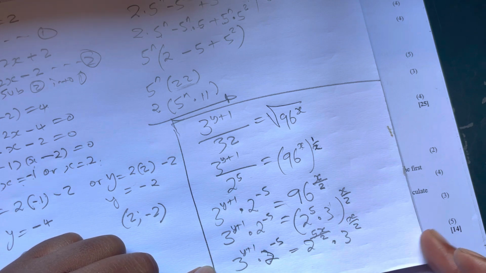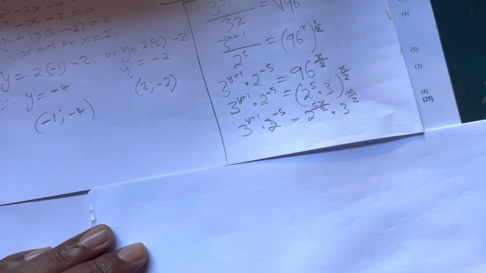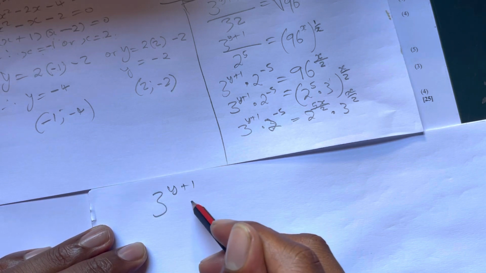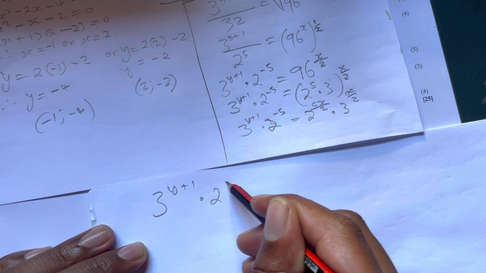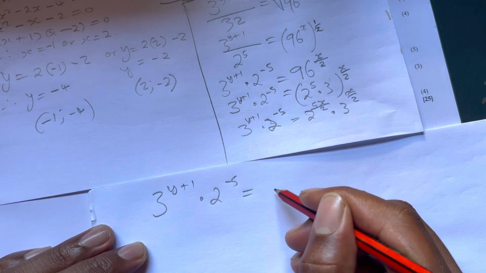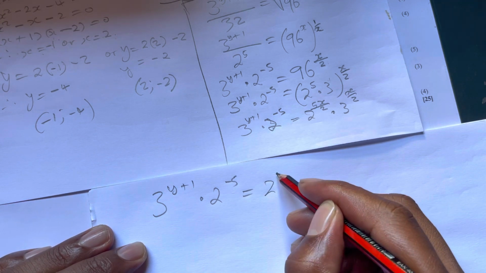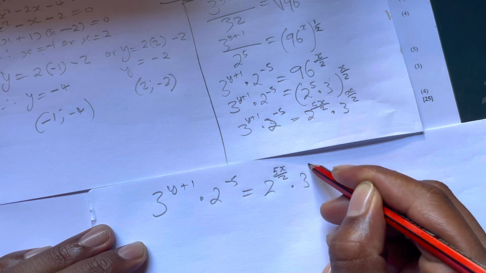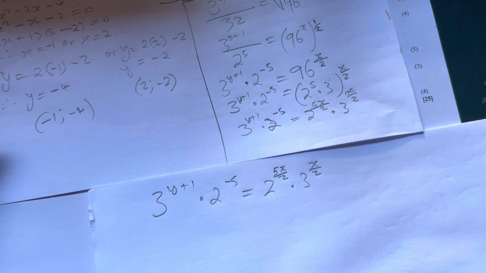Okay, now let's get a clean page. You have 3 to the power y plus 1 times 2 to the power negative 5 equals 2 to the power 5x over 2 times 3 to the power x over 2. Right.